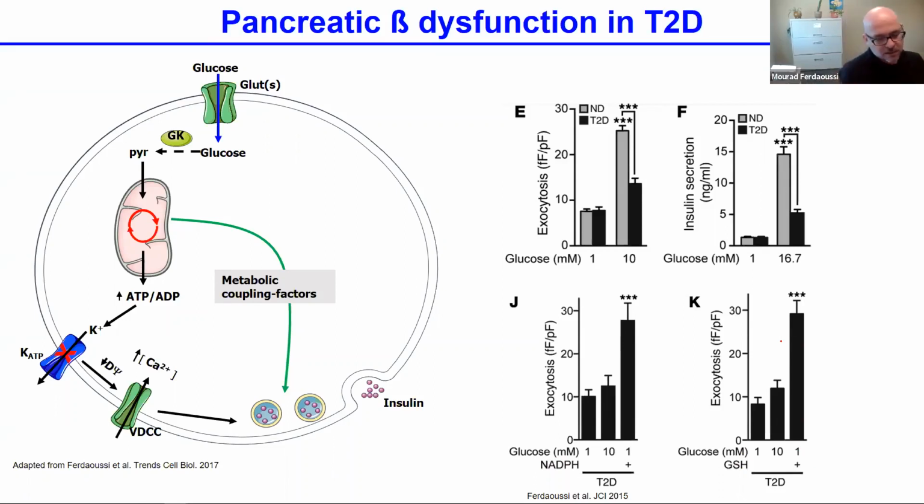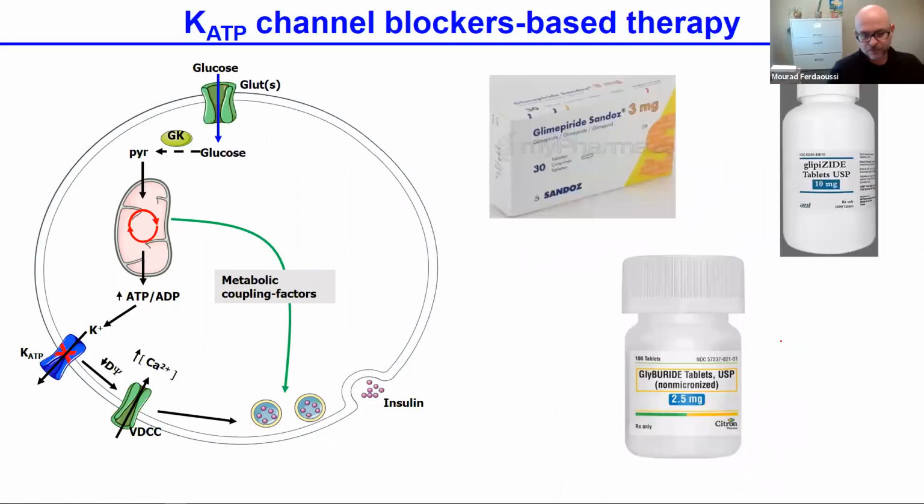So basically what this means is that the beta cells in patients with type 2 diabetes keep their ability to secrete insulin, and all this medication that I will talk about later is to target the beta cells to enhance the insulin secretion in patients with type 2 diabetes.